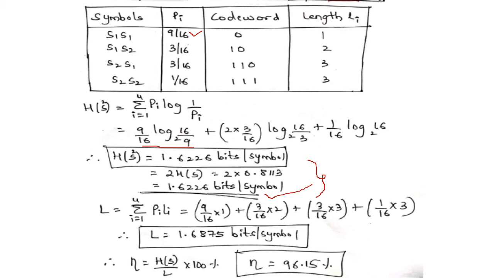The next two probabilities are 3 by 16, so 2 into 3 by 16 log 16 by 3. And the last probability value is 1 by 16 log 16 to the base 2. Once you simplify, you'll obtain 1.6226 as the entropy for the second order source, or we may compute using 2 into H of S.